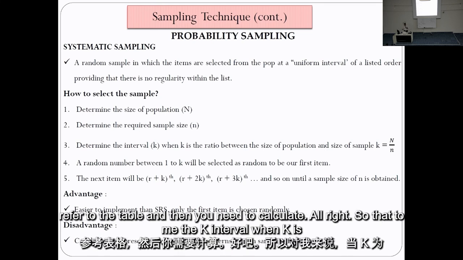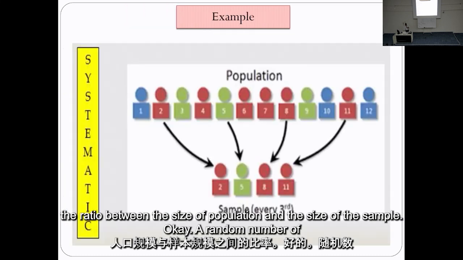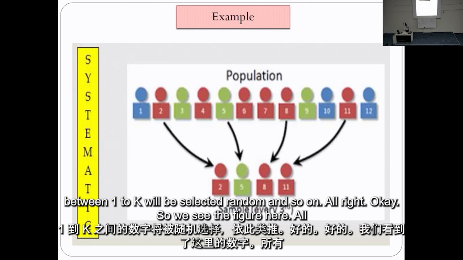You can refer to the table and calculate. Then determine the K interval, where K is the ratio between the size of population and the size of the sample. A random number between 1 and K will be selected randomly, and so on.